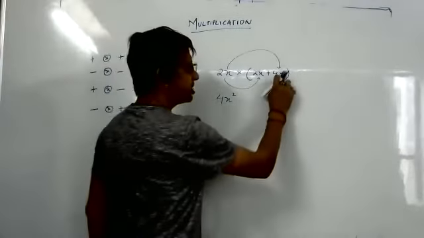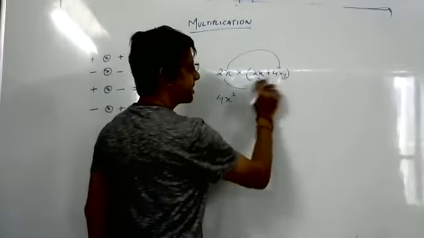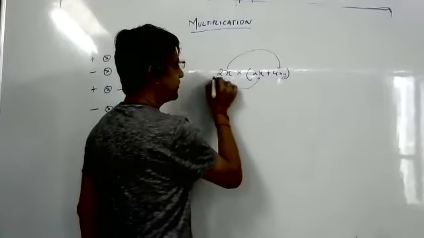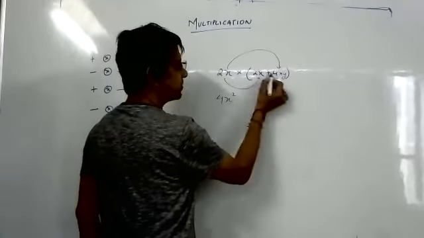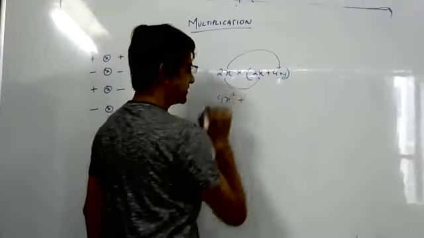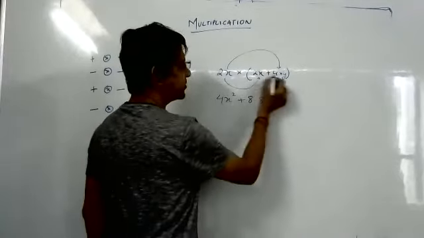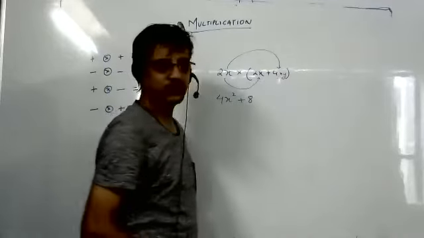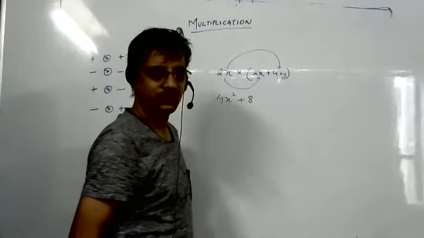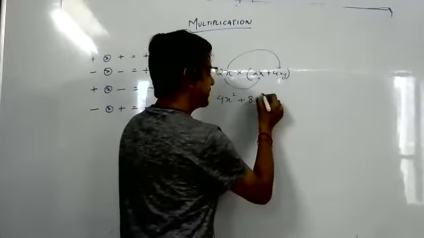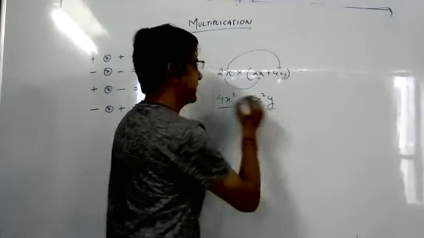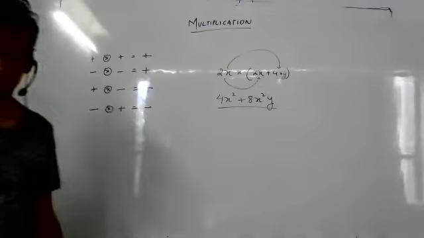Now we have to multiply this into this. First multiply the sign. Plus into plus, plus. 2 into 4, 8. Write 8. x into xy, what will be the value? x square y. This is the answer. Is it?